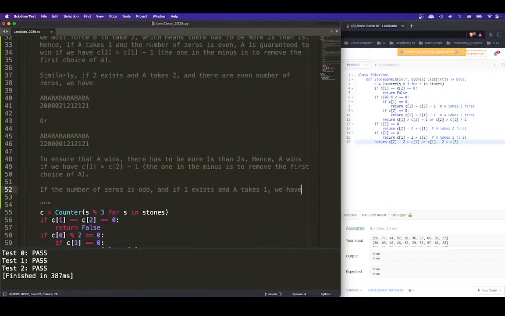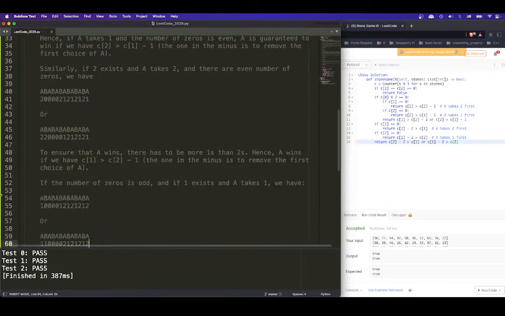And the first one is 1, and let's say we have an odd number of zeros, then B chooses to take 0, right? 0, 0, 0. So B takes 0. So here, A can take 1 or A can take 2, right? Or no, A has to take 1.